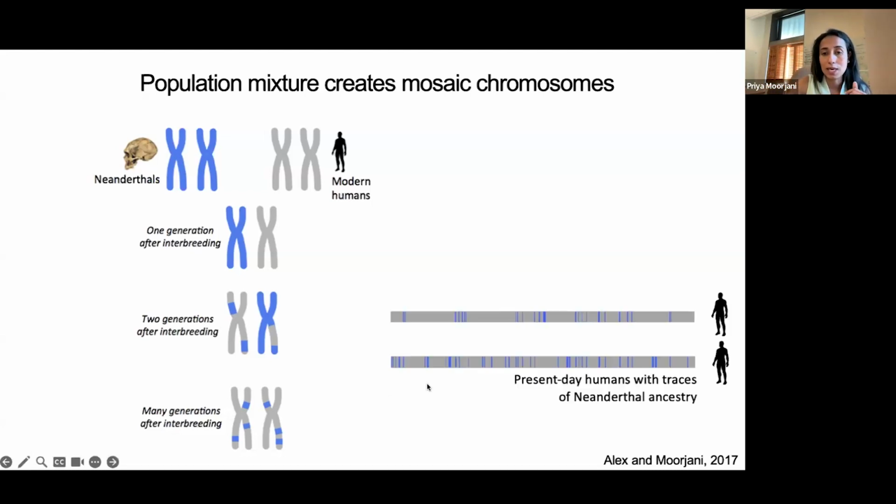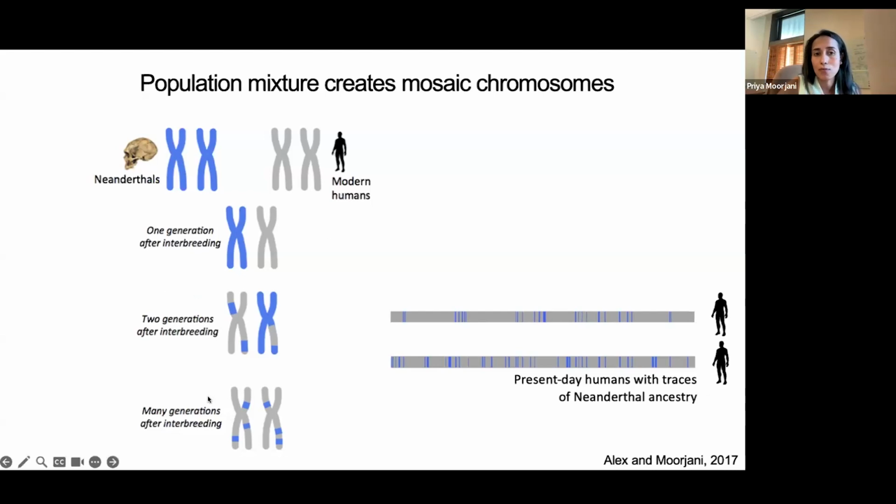So many generations later, if you look at present-day people living today and color their genome by ancestry, what you find is the majority of our genome has modern human ancestry, similar to what Africans have. But in some bits of DNA of non-Africans, the DNA matches better to Neanderthals. So there are these little bits of DNA.